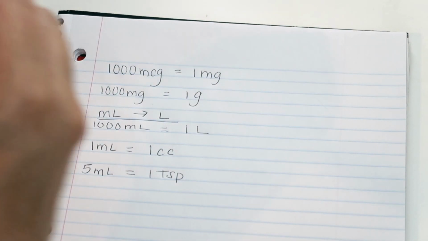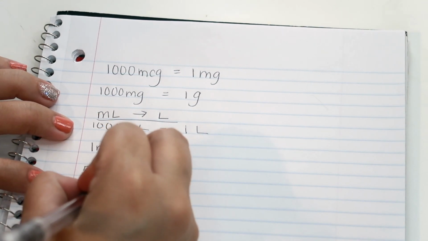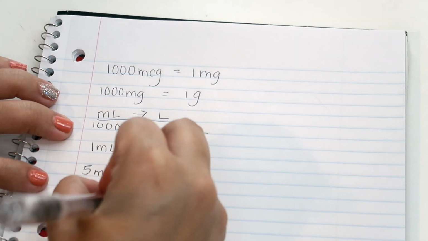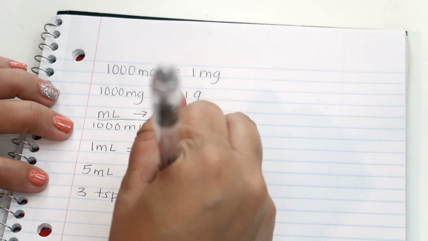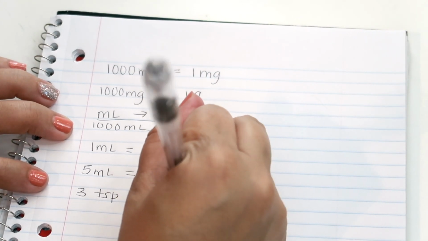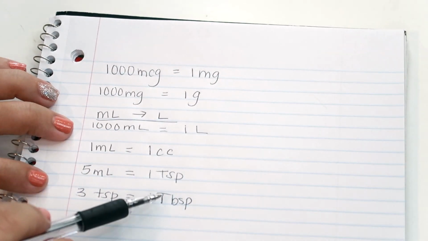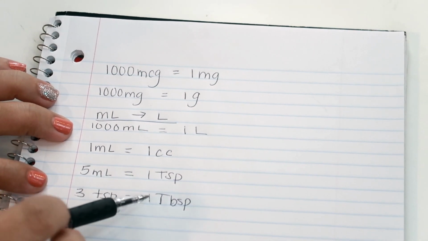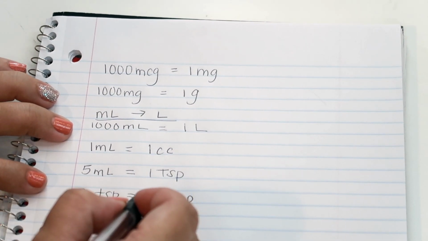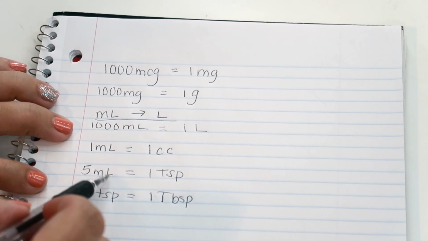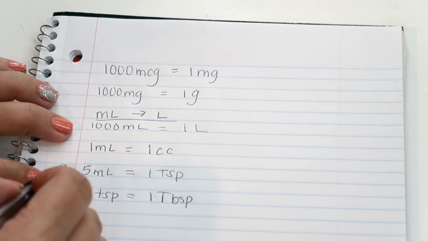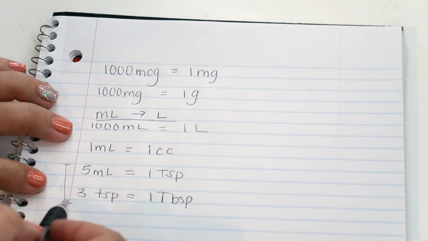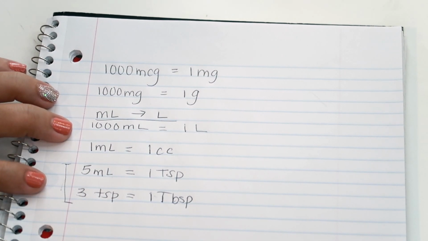And then 3 teaspoons equals 1 tablespoon. So you see, it's pretty much the same as far as numbers. The only thing that you do see is a change in here. The 5 equals 1 and the 3 equals 1.